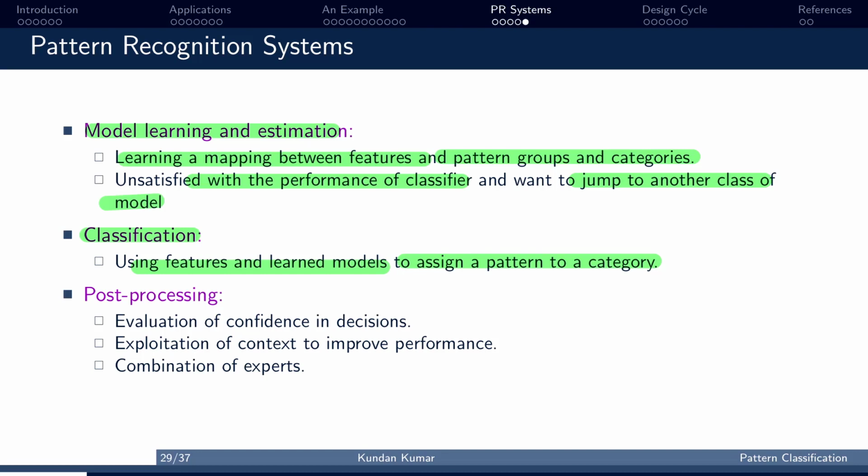Then we do post processing, and in the post processing we evaluate the confidence about the decision, whether that decision is acceptable or not, and how much accuracy we obtain. These things we perform in the post processing.